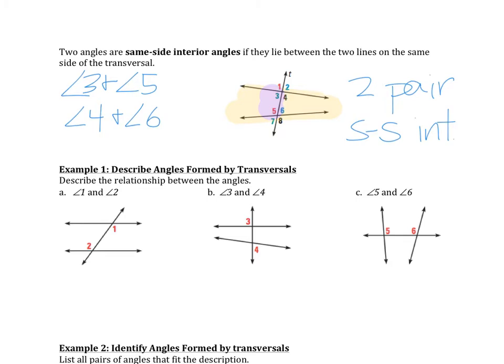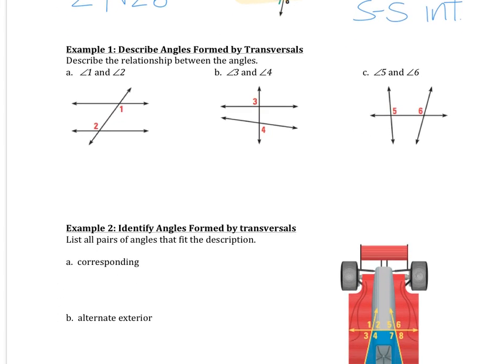Okay, so we're going to describe the angles that are formed when we have two lines and a transversal. On the first one, we have angles 1 and 2. If we take notice, they are on the inside, right? And they're on opposite sides. So that means they're alternate interior.